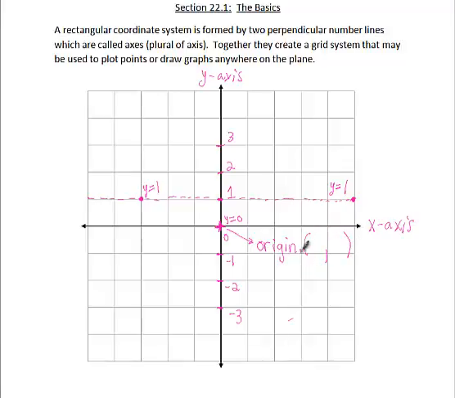Okay, this is called an ordered pair, and the way we usually write coordinates on a coordinate plane is we write the x first, the y coordinate second, we place both of them inside parentheses, and we put a comma in between them. So at this point where the two axes intersect, x equals 0 and y equals 0, and so the coordinates are 0 for x and 0 for y: (0, 0).